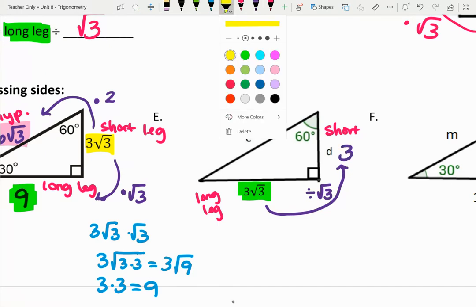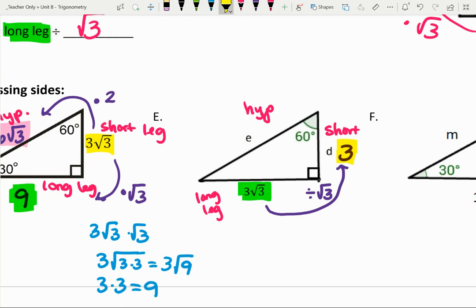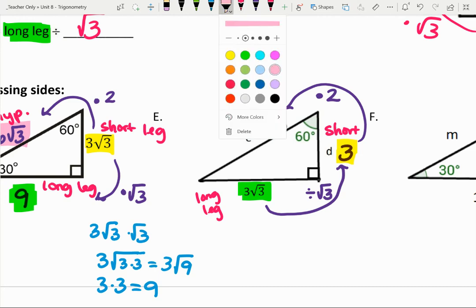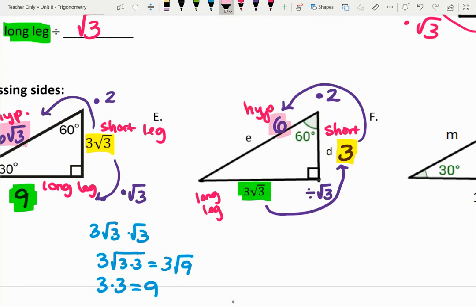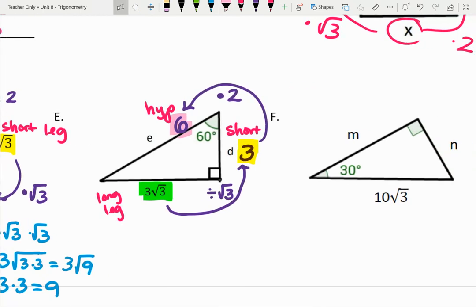So I've got that my short leg has a length of 3 units. And then from there, if I know my short leg, I can find my hypotenuse simply by multiplying by 2, and 2 times 3 is 6. So just knowing those relationships makes it pretty straightforward. There's not a lot of extra calculations along the way.